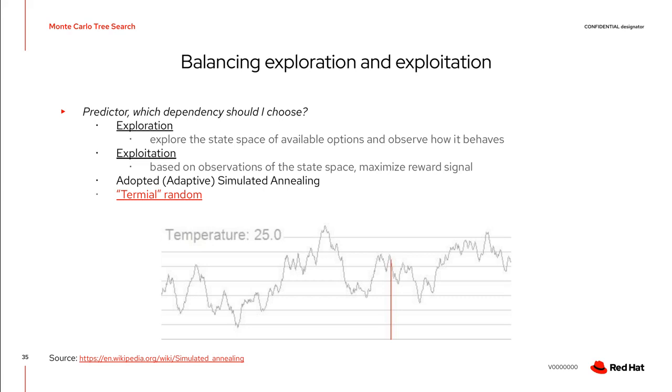We learn how software stacks should be resolved in order to come up with a set of packages that form the final stack with a very high final score. Then we do exploitation. So a predictor learns how to resolve software stacks, and then during the resolution process, this predictor knows which packages should be resolved in order to maximize the reward signal.